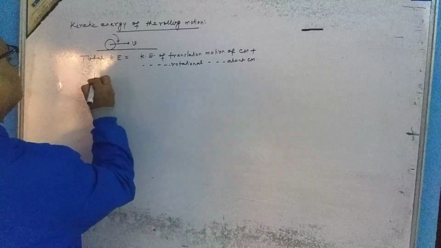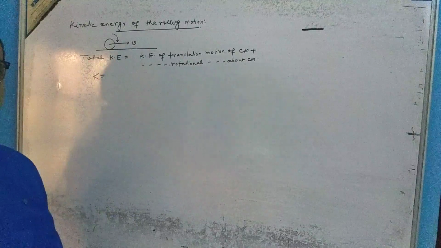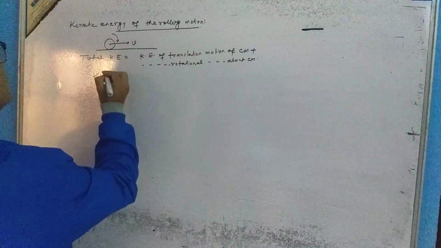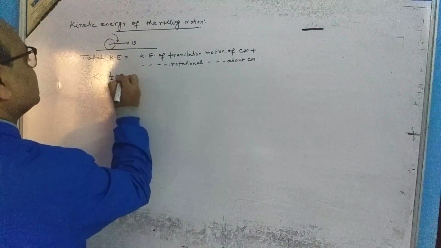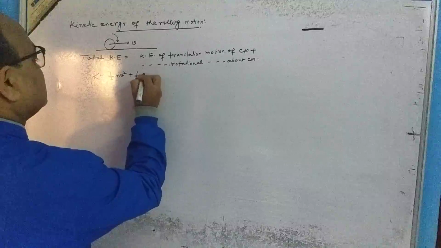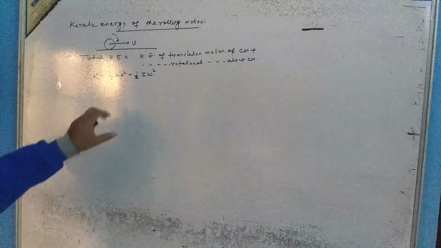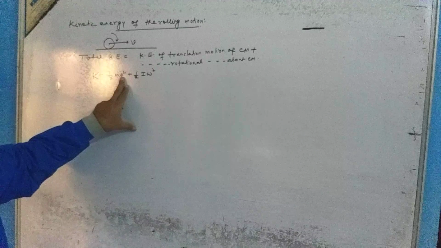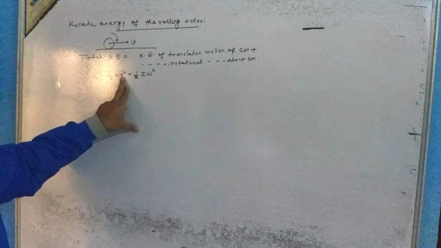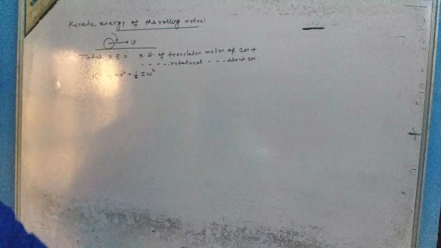That means the total kinetic energy K should be equal to half mv square as usual plus half I omega square. Both clear? Half mv square, where v is the velocity of the center of mass.